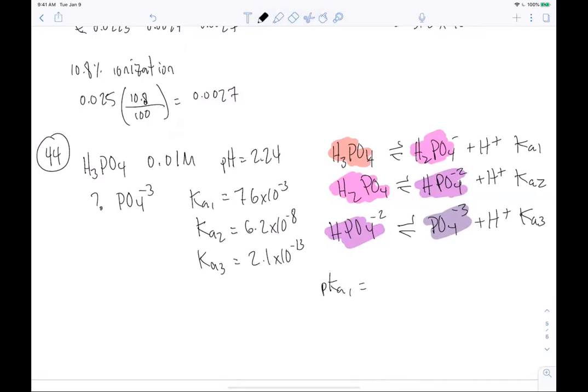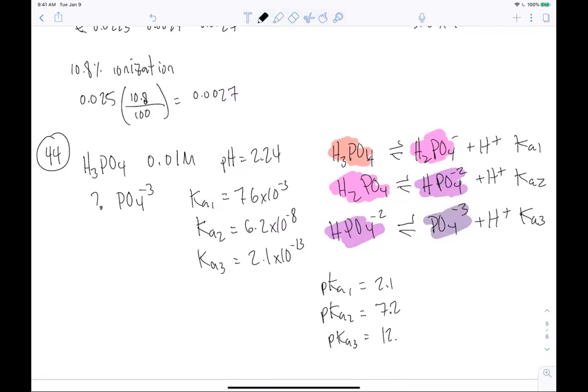So pKa1, pKa2, and pKa3. pK1 is 2.1. pK2 is 7.2. pK3 is 12.7. So then I just take this and use that little metric from class today.